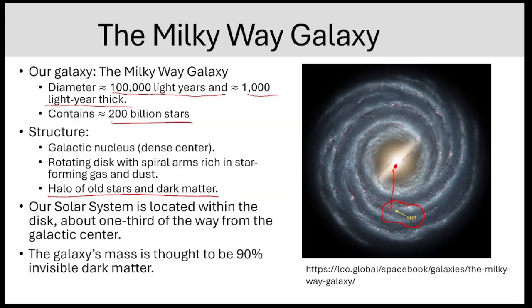That's where all these different theories about the universe come from, for example, relativity and other stuff. So around 90% of the mass is invisible dark matter.